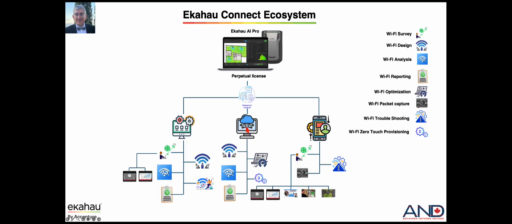Should the user decide to use the cloud platform, they can perform design tasks. They can also perform optimization tasks as well as analysis and what we call zero-touch provisioning a wireless network.